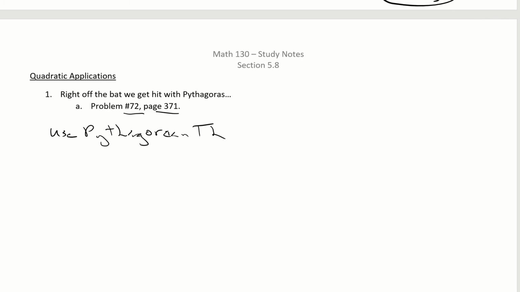Essentially they're saying use the Pythagorean theorem to solve for x.